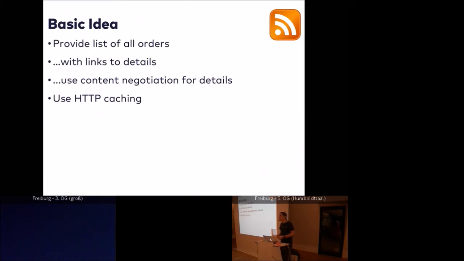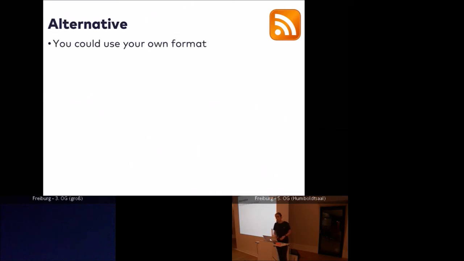There is really nothing that says that I need to use Atom. Providing a list of all orders is a very simple thing. If I just have a JSON document, that will be enough. A link is a very simple thing. I can have that in a JSON document, of course. Content negotiation is built into HTTP, as is HTTP caching, so I don't really need Atom. And the alternative would be to run my own format.